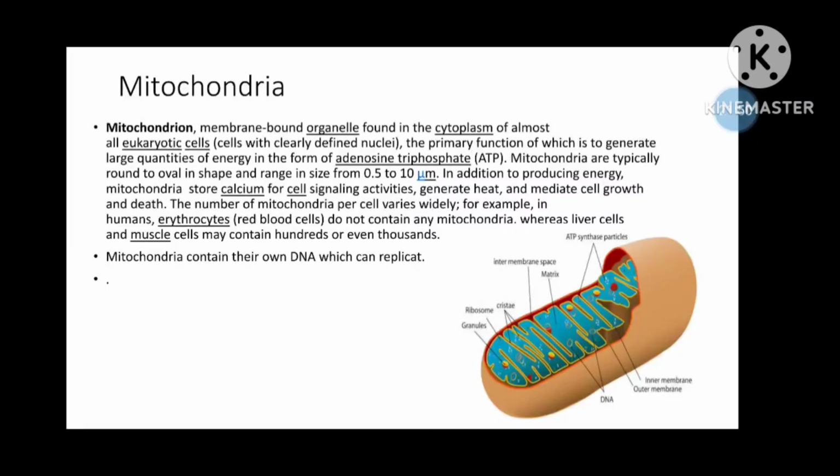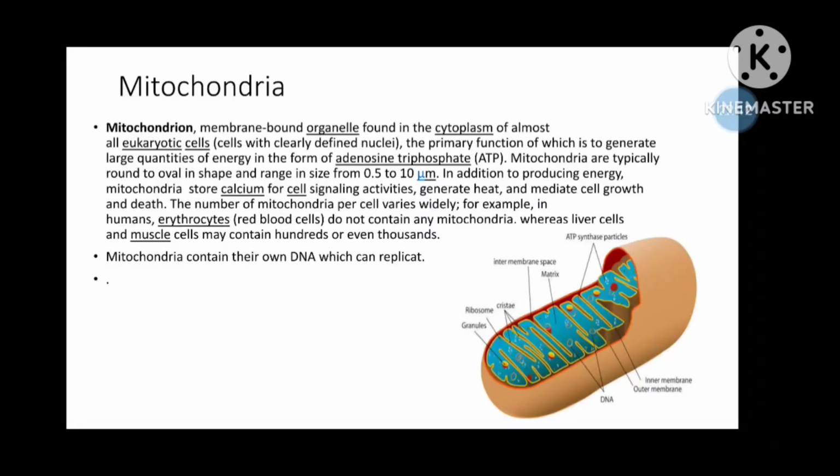In addition to producing energy, mitochondria also store calcium for the cell. You know, calcium is a very important nutrient for the cell, and mitochondria also generate heat and mediate cell growth and death.